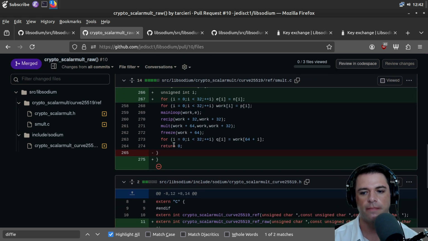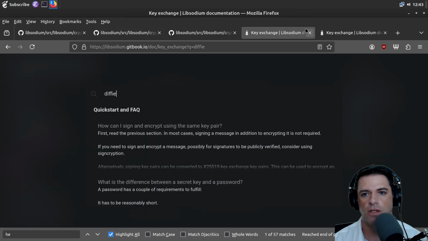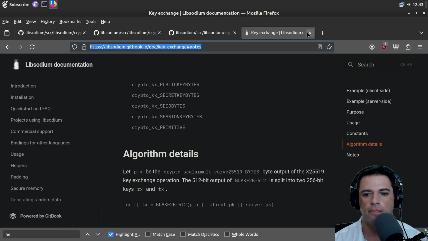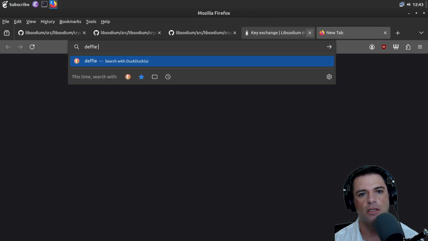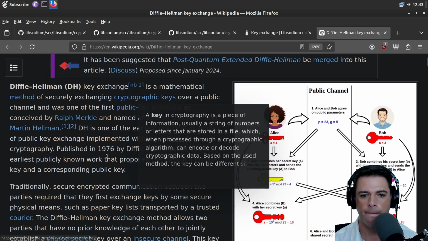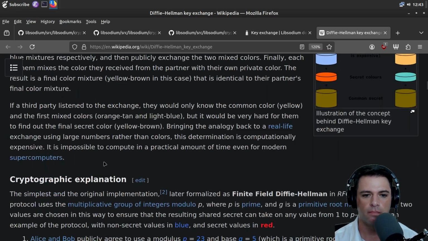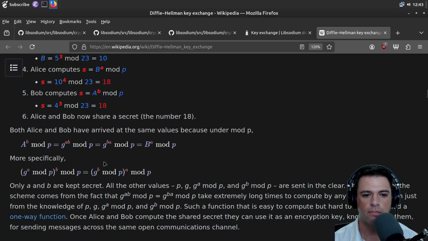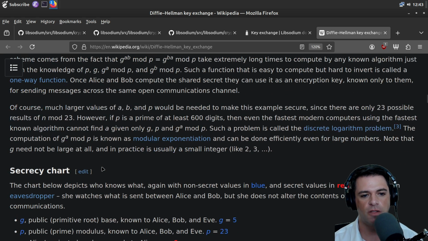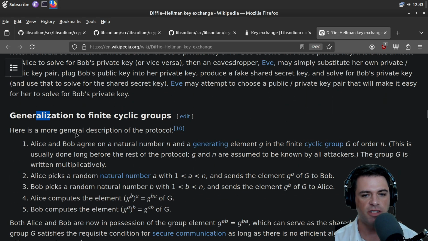All right, I'm not sure. I'm going to guess key exchange is mainly Diffie-Hellman. Maybe Diffie-Hellman technically is based on RSA or something. I don't know if this modular arithmetic is part of the definition. Generalization of finite cyclic groups.